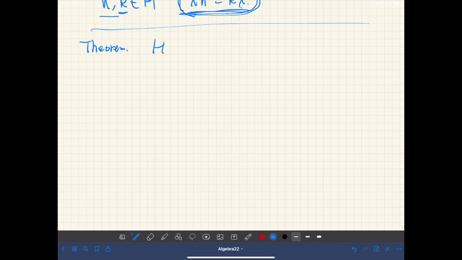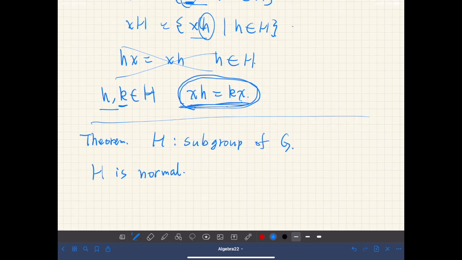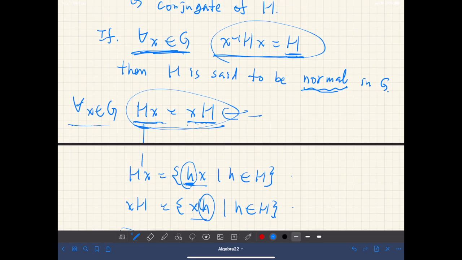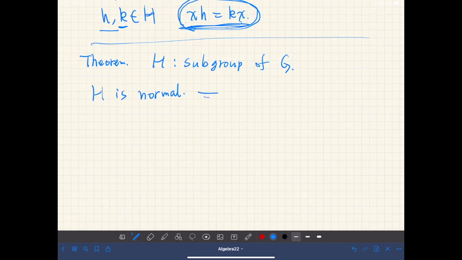So again, H is a subgroup of G, then H is normal. Normal means this, okay, or this, if and only if for all x in G we have x inverse H x is a subgroup of H. Okay, it doesn't have to be equal.